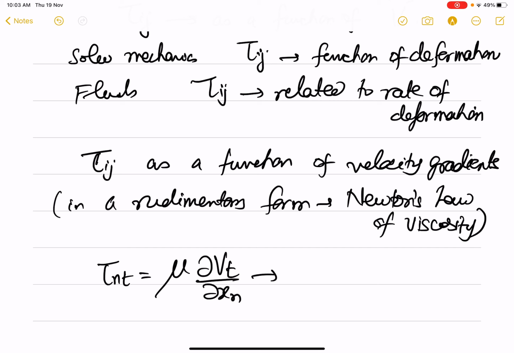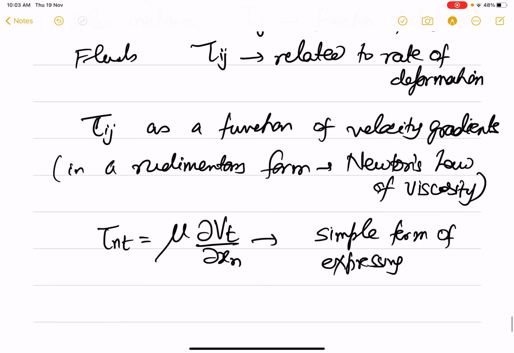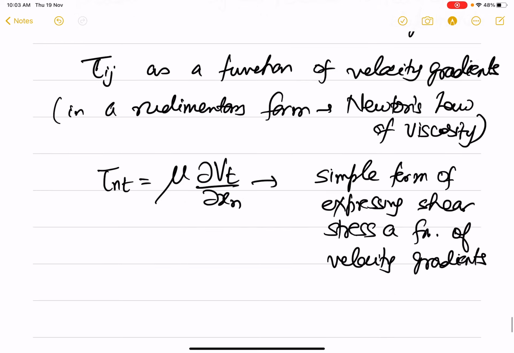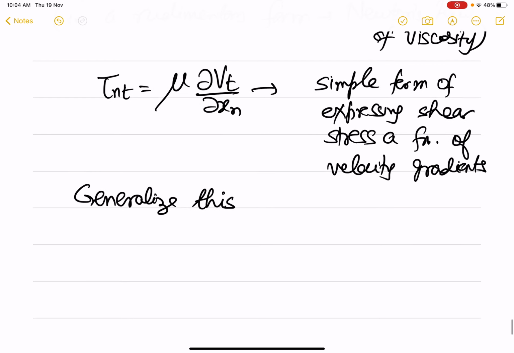This was a simple form of expressing shear stress as a function of the velocity gradients. Now we have to generalize this. Terms have to be added to this, and we have to now see how tau ij can be related to the velocity gradient.